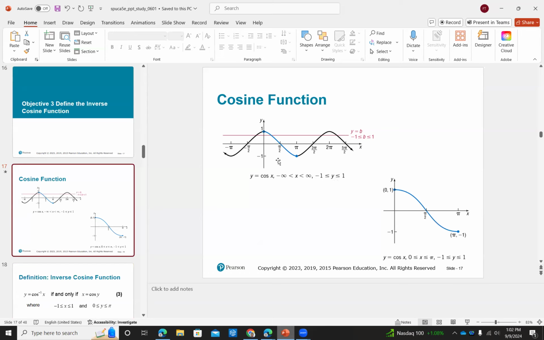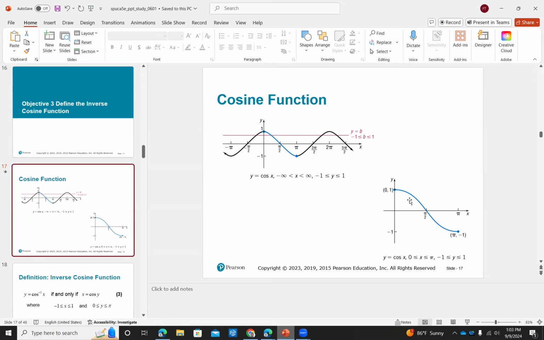Now, what's happening here is they're only copying this blue section on a separate graph. And then here, this one is cosine of 0 is 1. That's where it starts from. And it ends in cosine of pi is -1. Because these are the unique y values of this graph here.